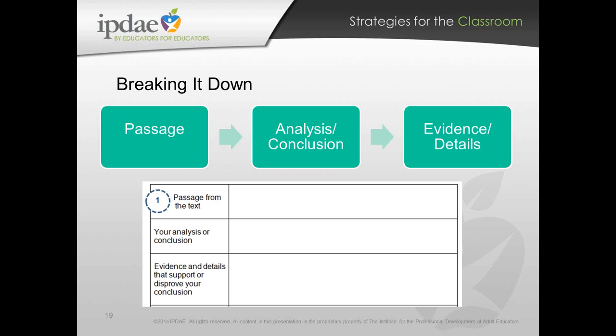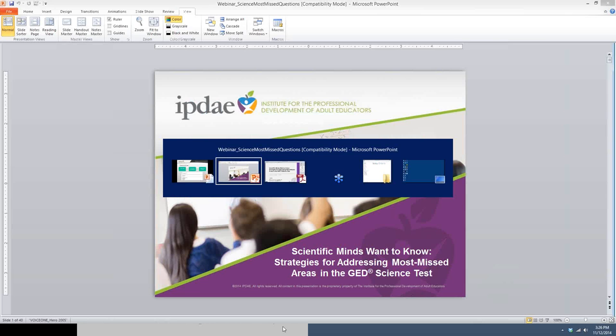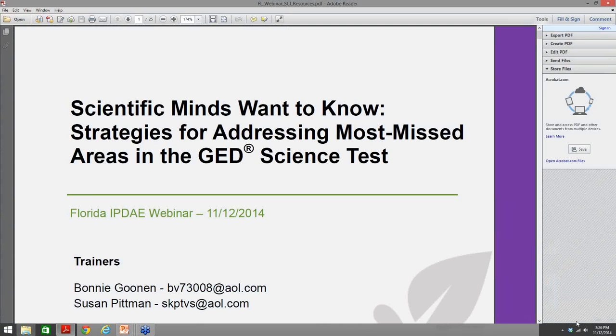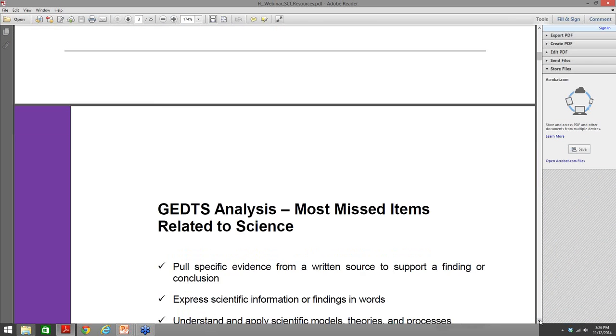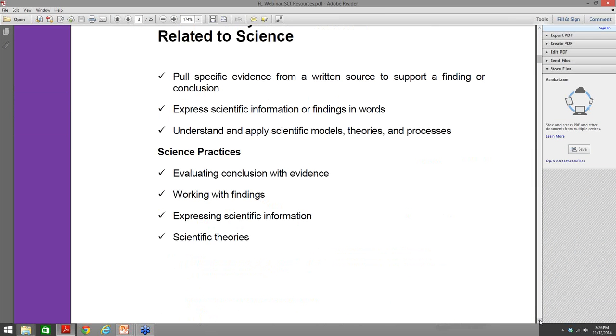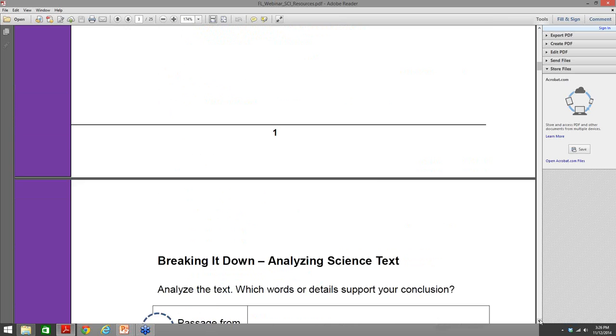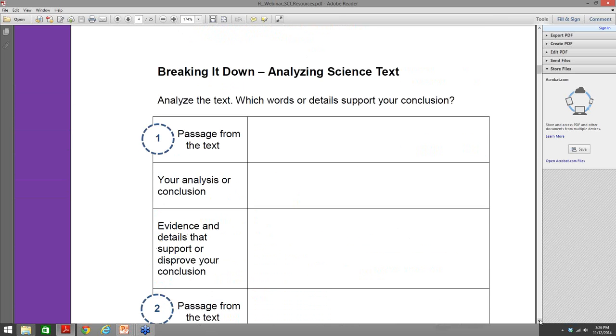And so one of the things you can use is just a simple graphic organizer. The full organizer is on page 2 of your guide. It's nothing fancy. It just merely takes you through, and let me just quickly pull up that guide. On the guide you'll notice that you have the most missed areas listed. But here you have just a small graphic organizer.